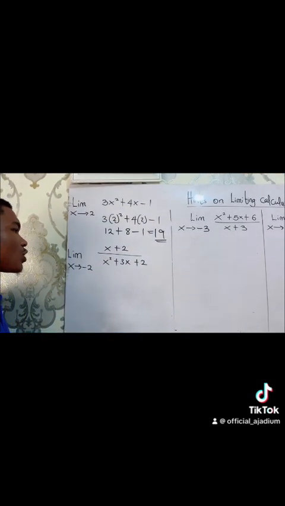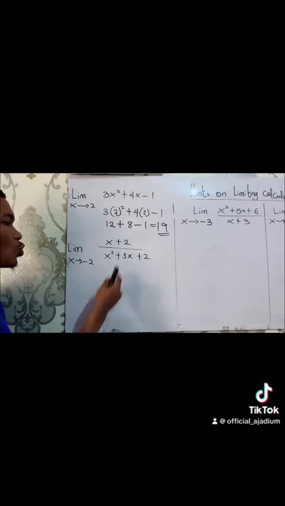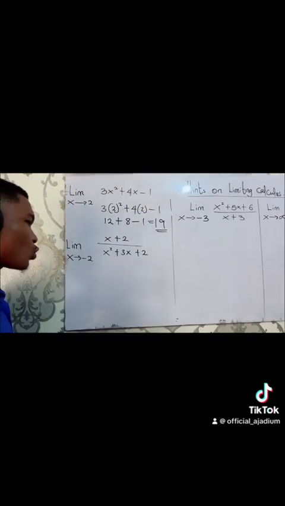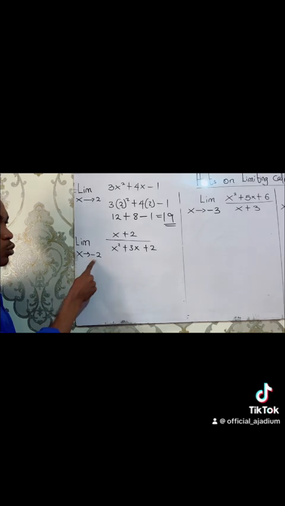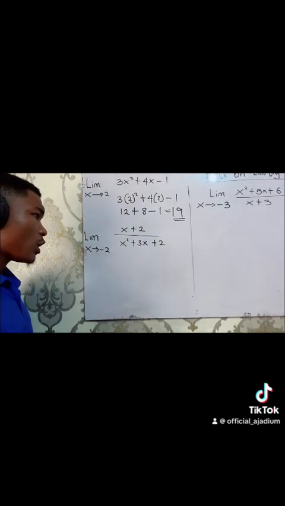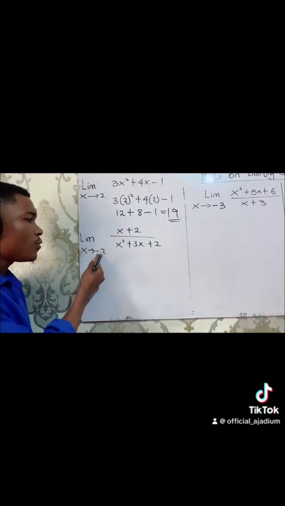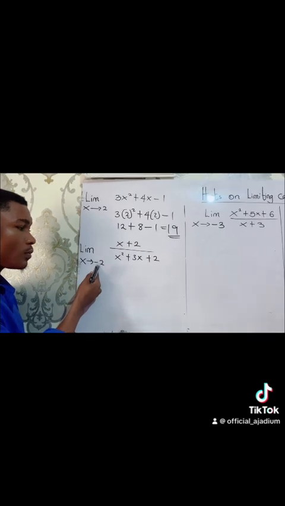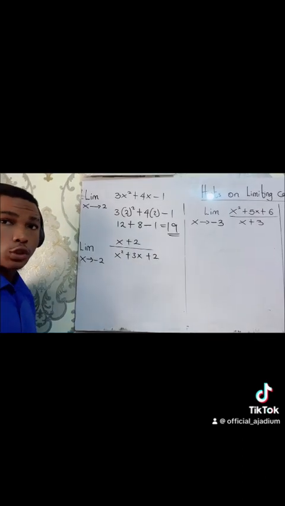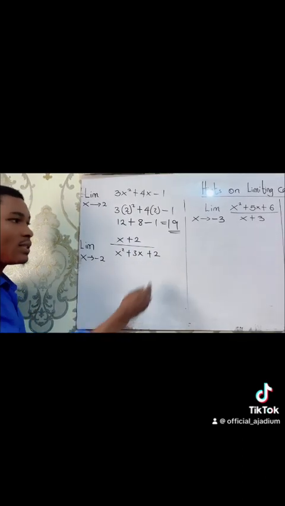Now the second question is the limit of x plus 2 divided by x squared plus 3x plus 2, and then x tends to minus 2. How do we go about this question? Now the logic is, when you substitute the value of minus 2 into this function, we are going to get 0 over 0.